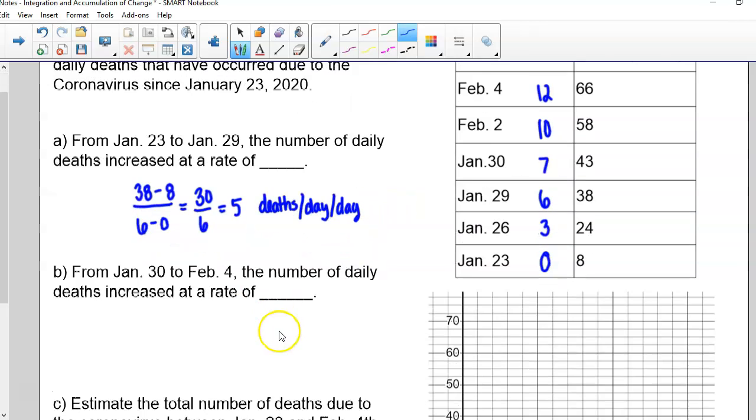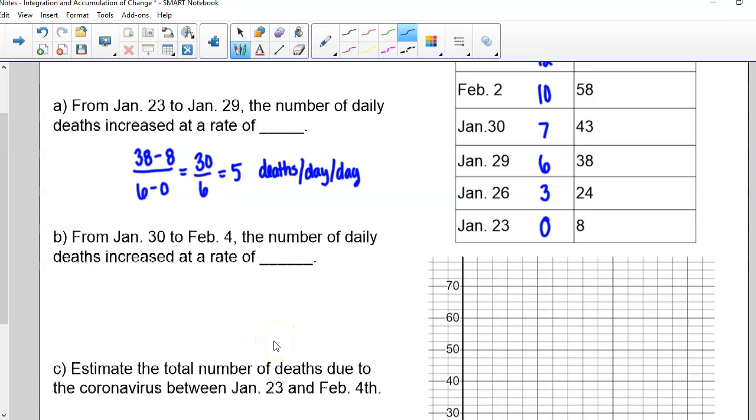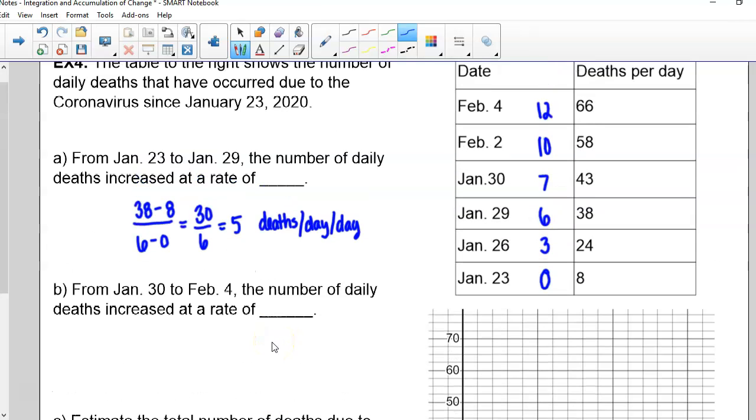Okay. So for B, from January 30th to February 4th, we want to know the rate at which the number of daily deaths is increasing. So, Wendy, what would we do for that one? Good. And so we'll have 66 minus 43 over 12 minus 7.